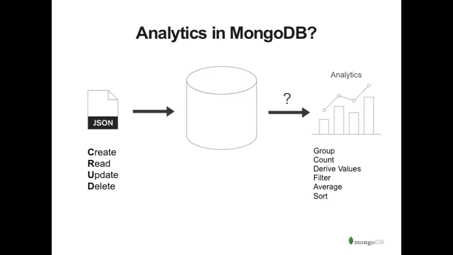So if you need to do dashboards, create charts, graphs, reports, you can do all the types of queries that you would need to drive those reports in terms of grouping data by values, doing counts, derived values, averages, sorts, totals, sums, things like that. And what we're going to do today is talk about how you can do those types of analytics in MongoDB.